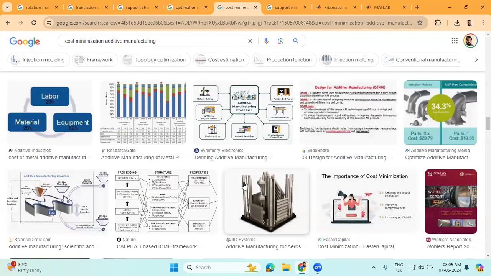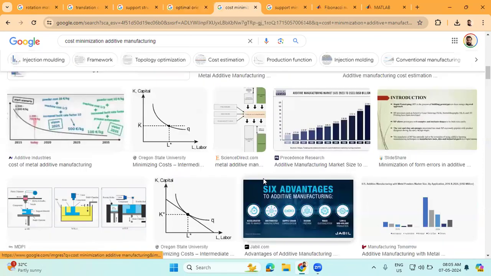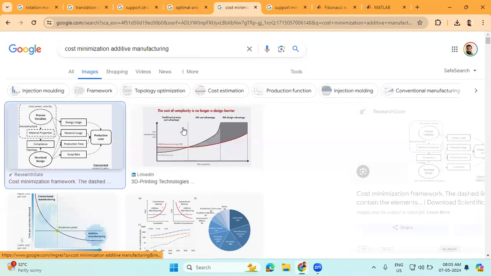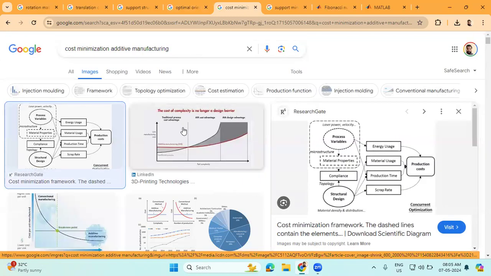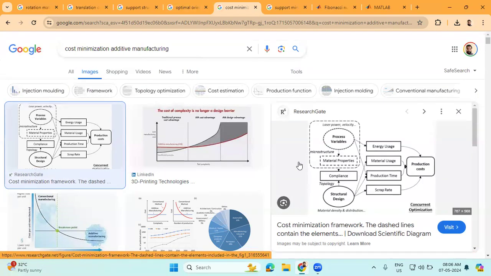Then, coming to the minimization of the cost. Cost minimization is an important financial strategy that involves reducing cost and expenses while maintaining the quality of goods and services provided to the customers. The main goal of cost minimization is to achieve the most cost effective way of delivering goods and services to the required level of quality.